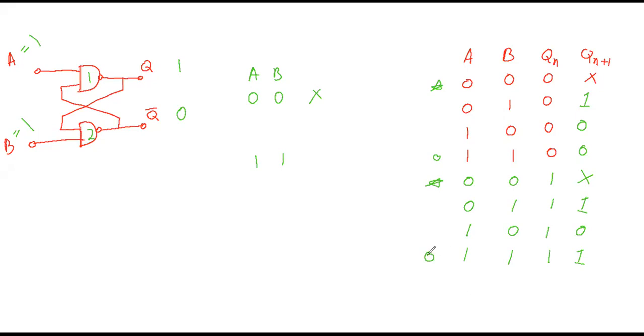Try to conclude one thing. In the first case, I assumed 0, it remained 0. In the second case, I assumed 1, it remained 1. So what does it mean? It means at 1, 1, there will be no change. Am I correct? Yes, sir. For 1, 1, there will be no change.